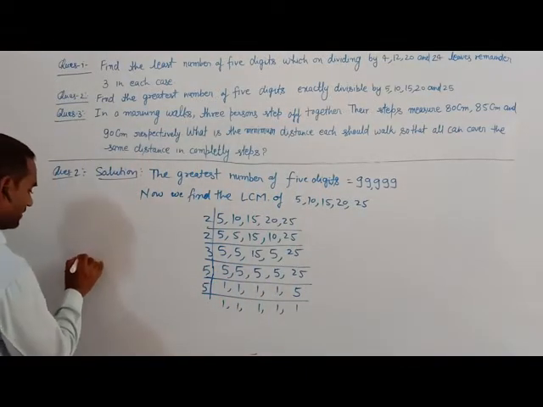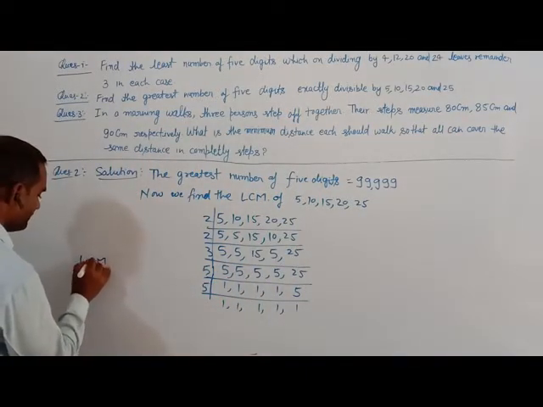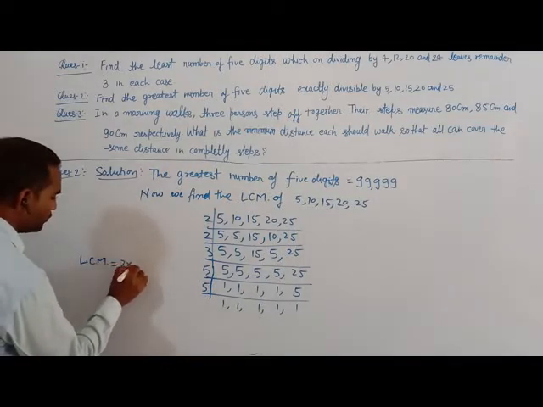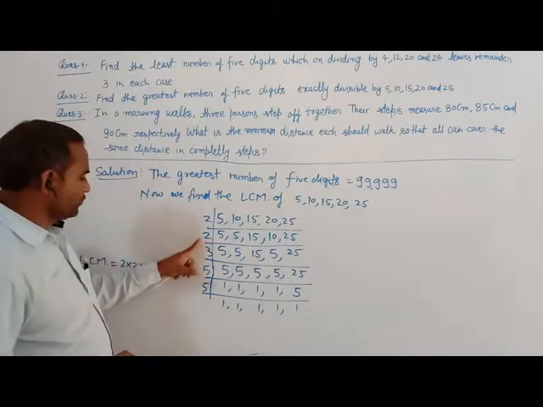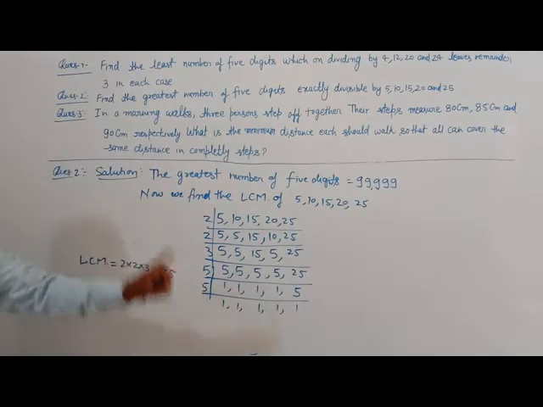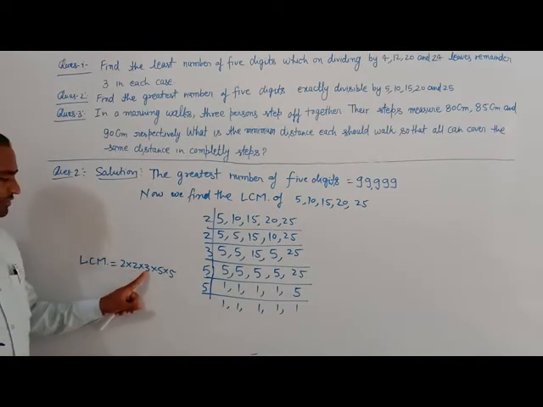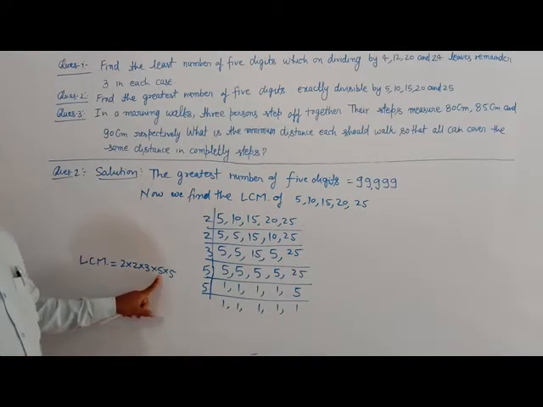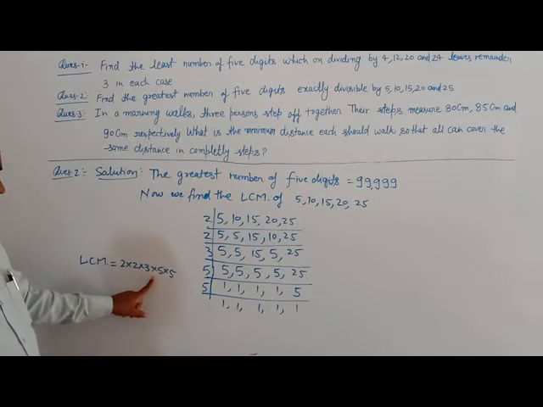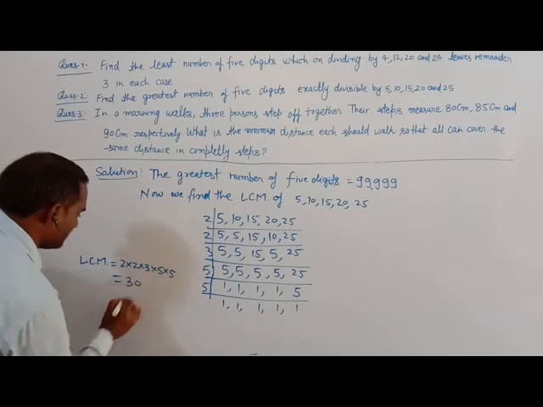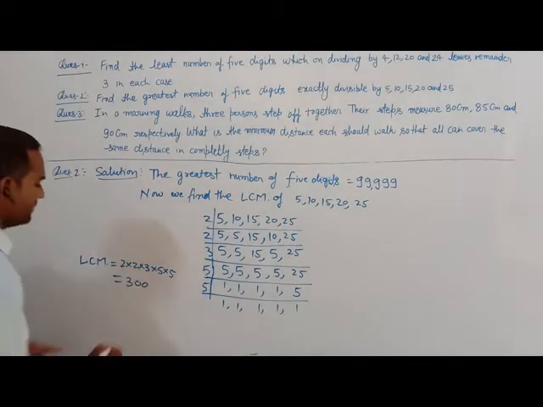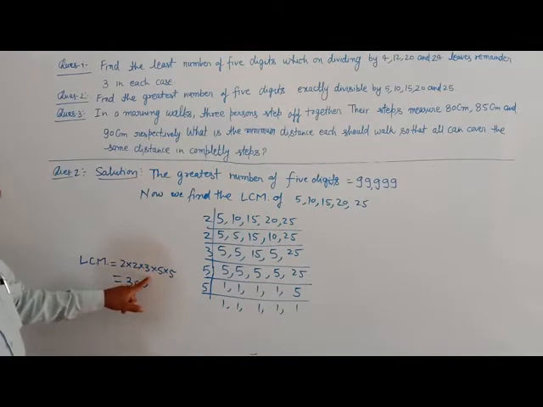LCM is equal to 2 into 2 into 3 into 5 into 5. 2 2s are 4, 4 3s are 12, 12 5s are 60, 60 5s are 300.